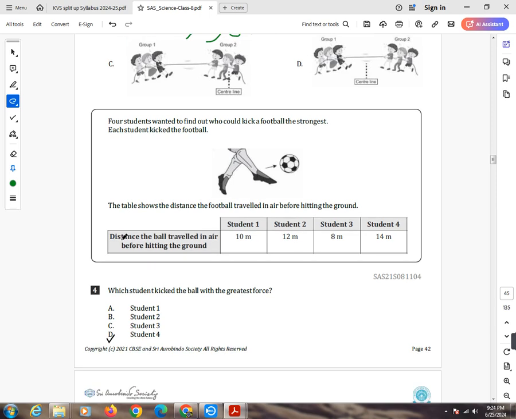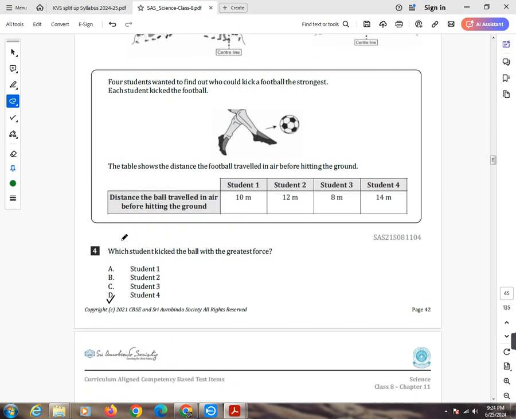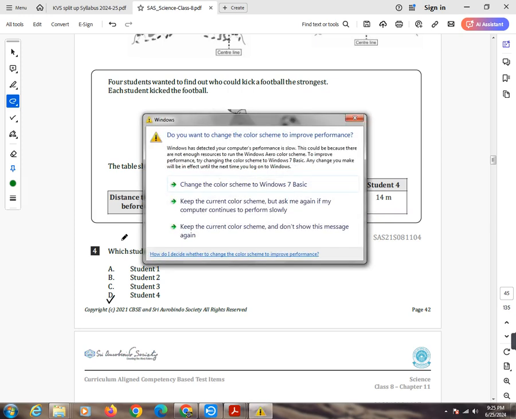Now the next question is, 4 students wanted to find out who could kick a football the strongest. Each student kicked the football, and here a table is given in which the information about the distance traveled by the ball in air before hitting the ground is given.